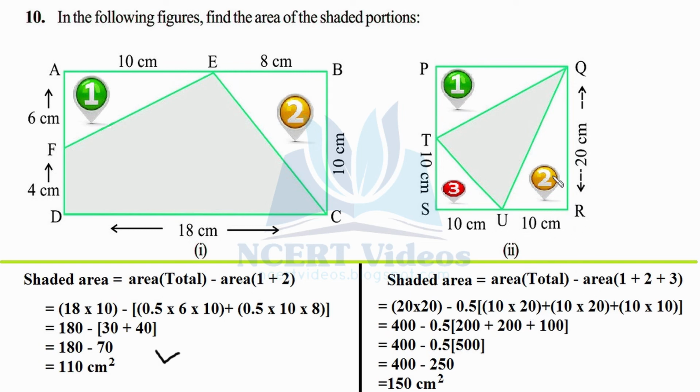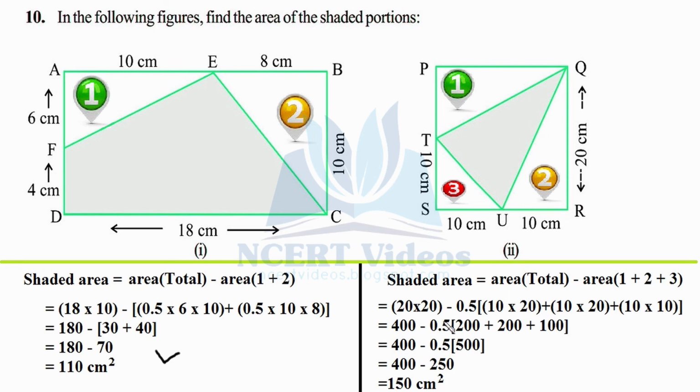For the second, half as common, 10 into 20, plus for this, 0.5 is common, 10 into 10, because it is half into base into height. Now 20 into 20 is 400, easy. First write this as it is, solve this thing, and add it. So 200 plus 200 plus 100.